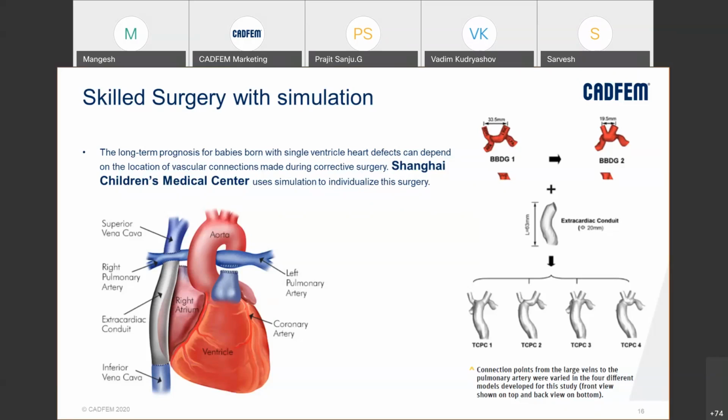So what this surgery is all about is detaching a certain network and then attaching it elsewhere. Like in this case, if you see, there are two pulmonary arteries, left and right. Okay, and there is a vena cava which is coming from the top side. Okay, maybe I'll use some pointer.